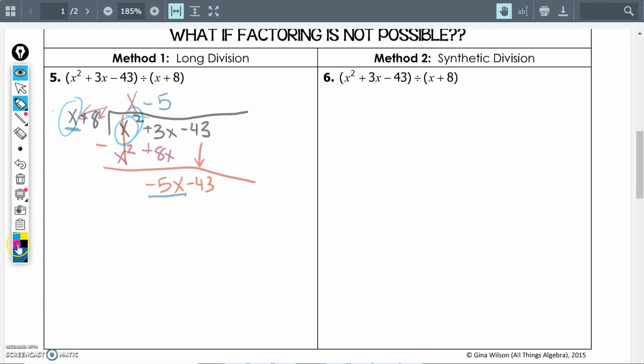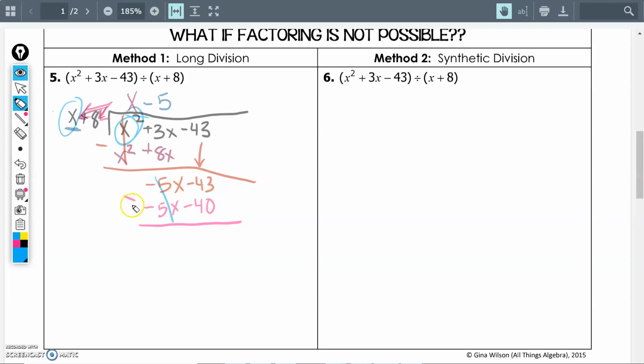Then again, we multiply what we just put up here times both of these. Negative 5 times x is a negative 5x. Negative 5 times 8 is a negative 40. Then we subtract. These end up canceling.